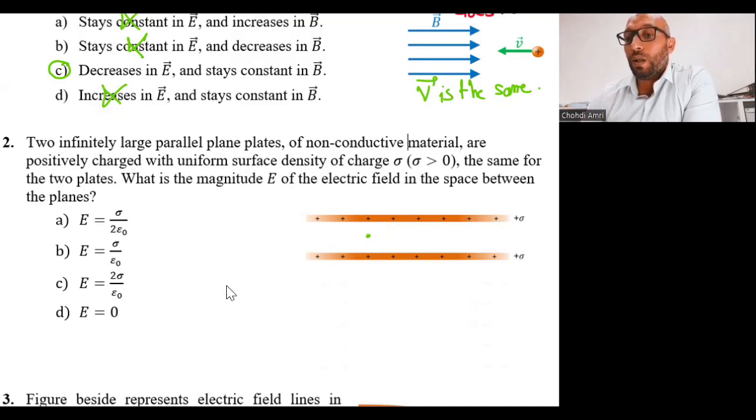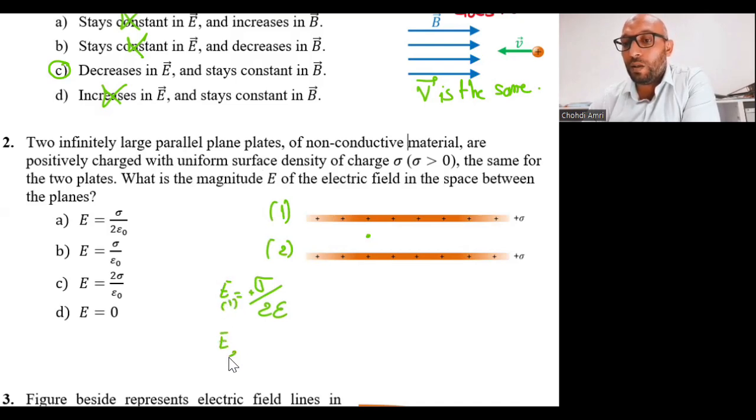As you know, an infinitely large plate produces an electric field equal to sigma over 2 epsilon naught. In our case, sigma is positive, and let's denote the first plate by 1 and the second plate by 2. So let's say this is E1 and this is E2.